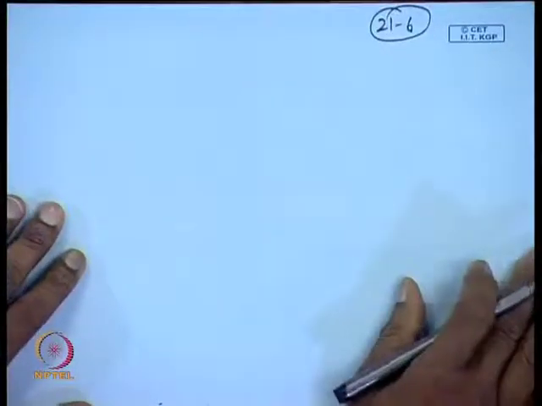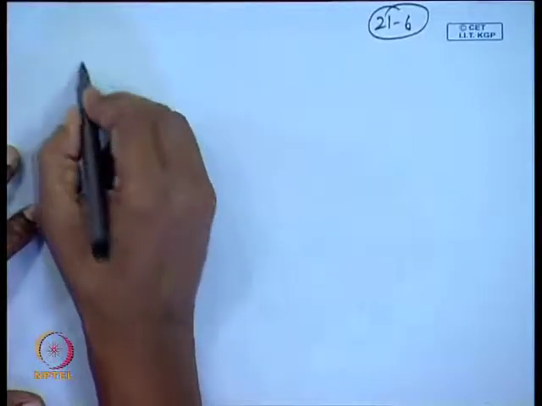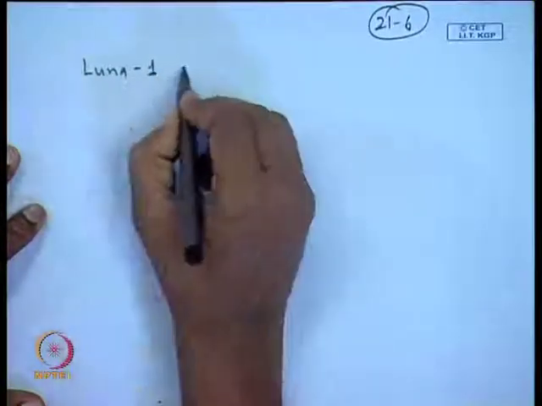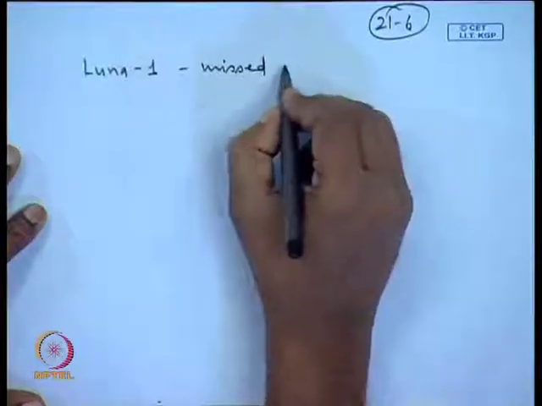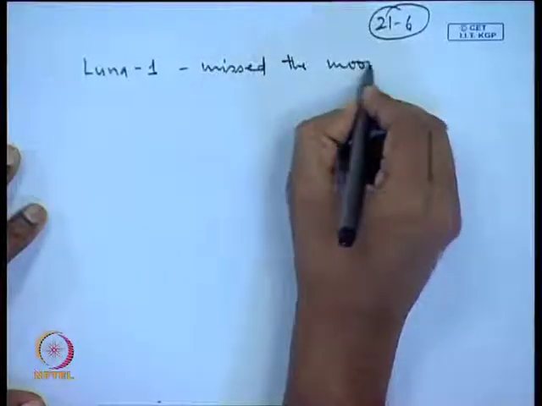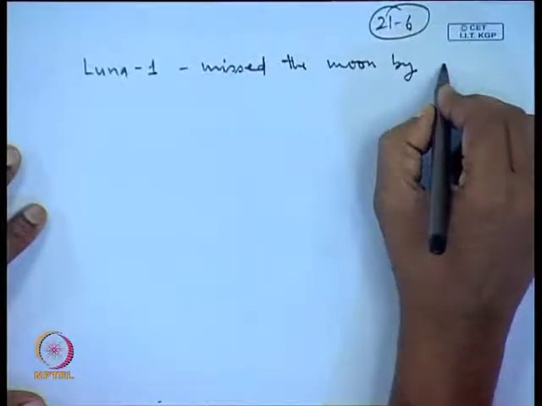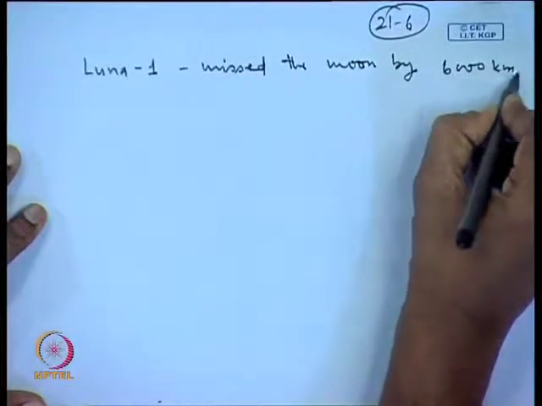The first satellite maneuver was probably done on 2nd of January 1959, and that was done for the Luna 1 satellite. Luna 1 missed the moon by 6,000 kilometers.